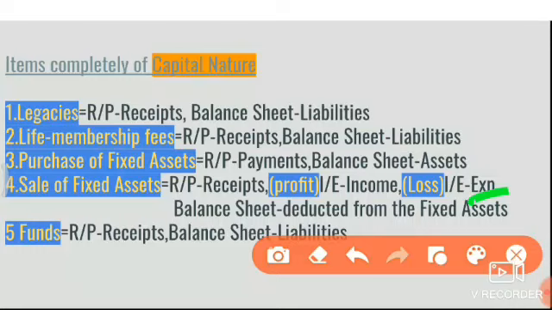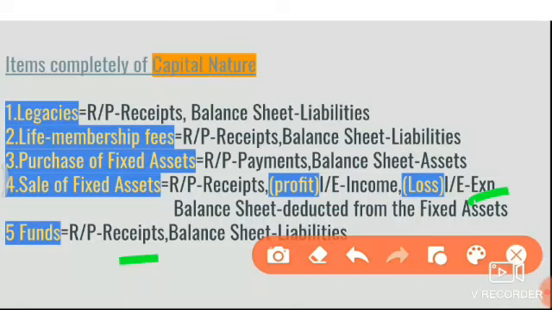Number five, funds. Now funds is a common item for a not-for-profit organization. It is treated as a capital nature item. So when funds are received, it is treated as a receipt in the receipts and payments account, and it is shown towards the receive side.